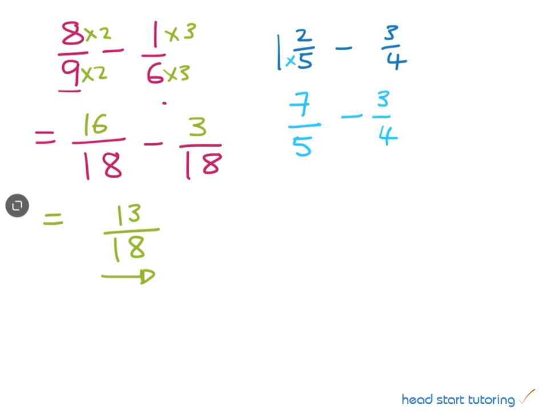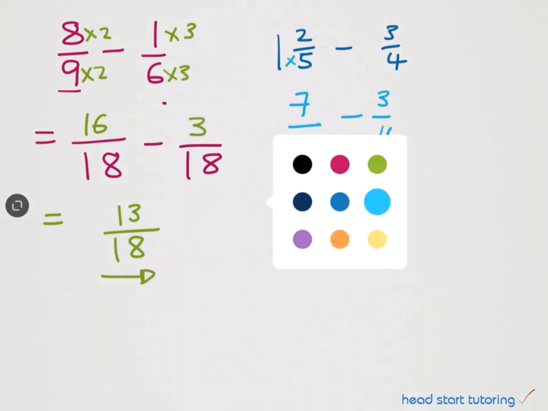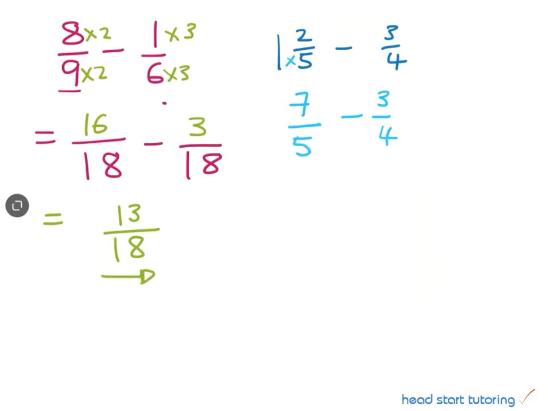So now we need to get a common denominator between 5 and 4. So let's count in our 5s until we get a multiple of 4 as well. So 5, 10, 15, 20. 20 is the first number in our 5 times table that is also a multiple of 4. So 20 is going to be our common denominator.